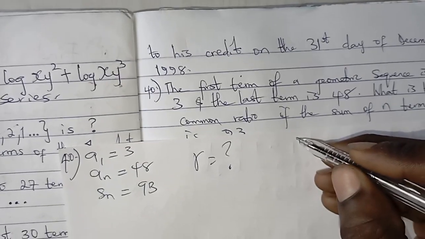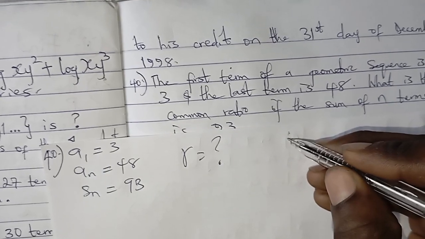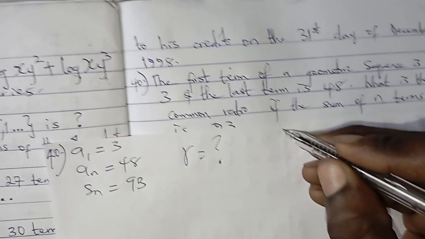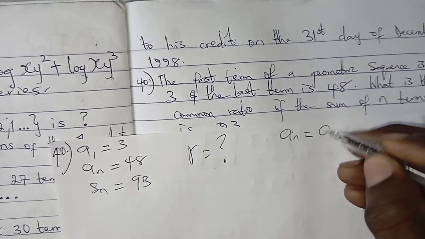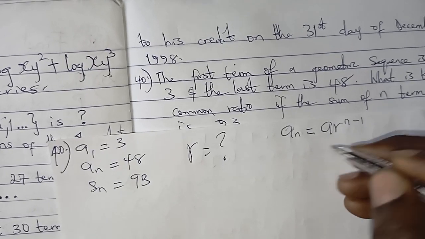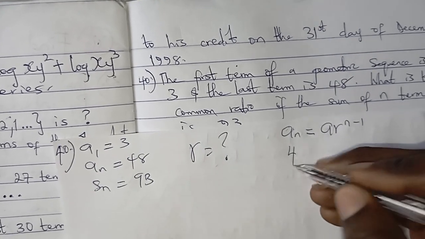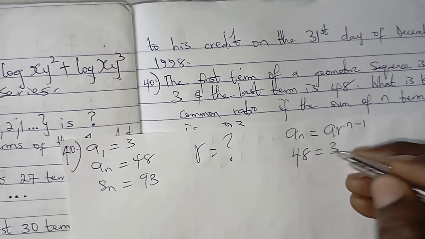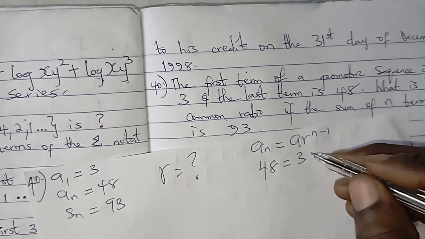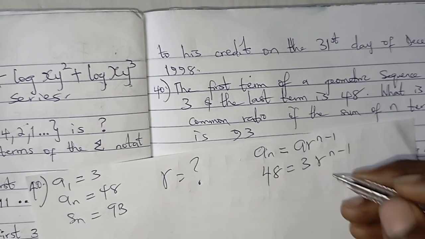Remember that this is a GP they are talking about. So we have an equals a r to the n minus 1. In this case, an is 48, equals 3 times r to the n minus 1.